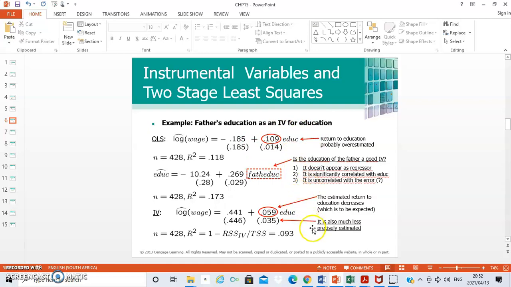Because of that, you are likely to have an imprecise estimation of this variable, which is education, the endogenous variable, because of the relationship between the father's education and the error term. The father's education is supposed to be part of the error term, because the error term is supposed to capture any other variable that is likely to affect the model, and so therefore it does not really qualify or fulfill the mandate of being an instrumental variable.